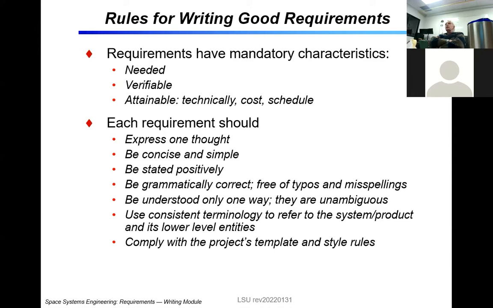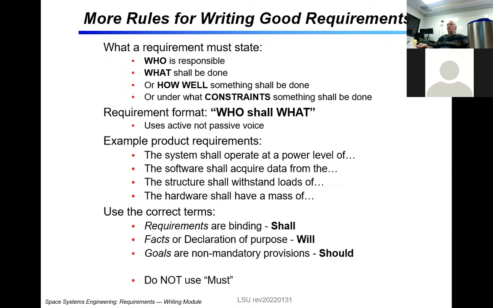They should be grammatically correct. No typos, no misspellings. They should be understood one way. Requirements should be unambiguous. They should not be ambiguous. There should be consistent terminology when you are referring to system and subsystems, and they should comply with the project's template style rules. Okay.